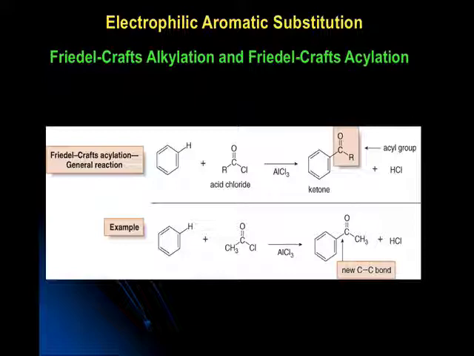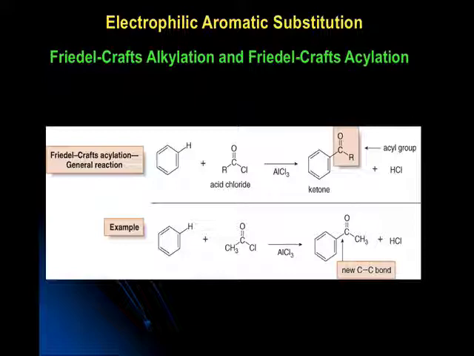If you have a secondary alkyl halide and you react it with aluminum trichloride, it will generate a secondary carbocation which can rearrange to a more stable carbocation. Technically, with anything that can generate a carbocation, we can do a Friedel-Crafts reaction, even though the Friedel-Crafts reaction is theoretically between alkyl halides and acid chlorides and aluminum trichloride.